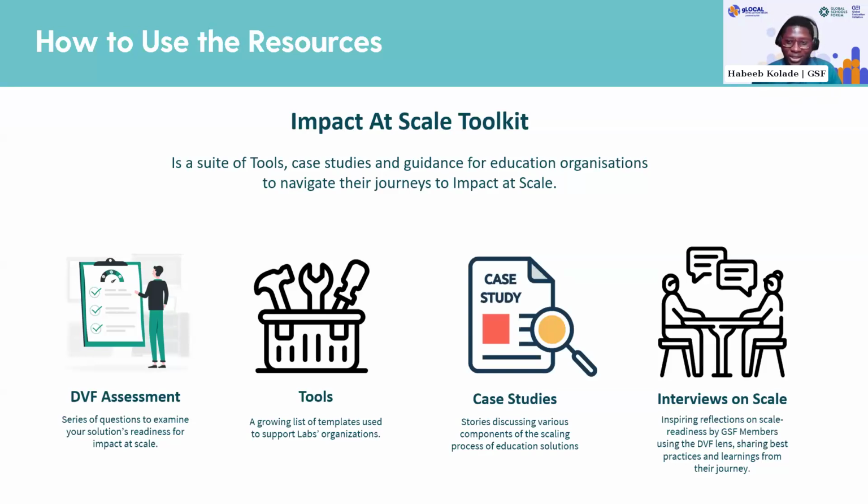So I'm happy to introduce the Impact at Scale Toolkit, which has been developed by the impact team members of the Impact at Scale Labs, with a lot of support from organizations within our network to ensure more organizations can have access to testing their impact readiness through the DVF assessment, and also getting tools to cover those gaps, while reading case studies that helps them understand better how various organizations have used those particular tools to move along their scale journey.